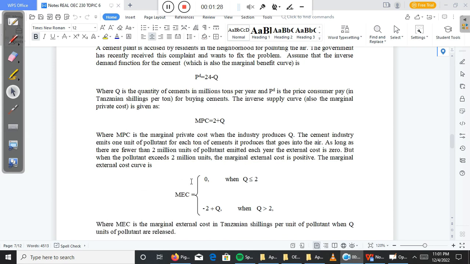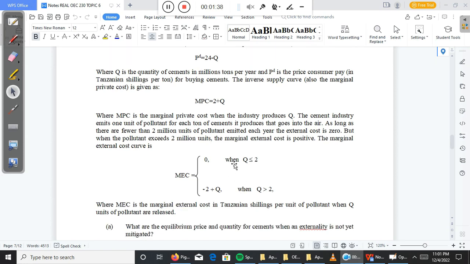As long as there are fewer than 2 million units of pollutants emitted each year, the external cost is zero. But when the pollutants exceed 2 million units, the marginal external cost is positive. The marginal external cost curve is given as zero when Q is less than or equal to 2, and negative 2 plus Q when Q is greater than 2.